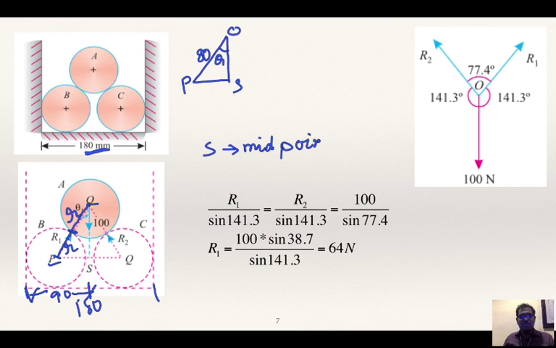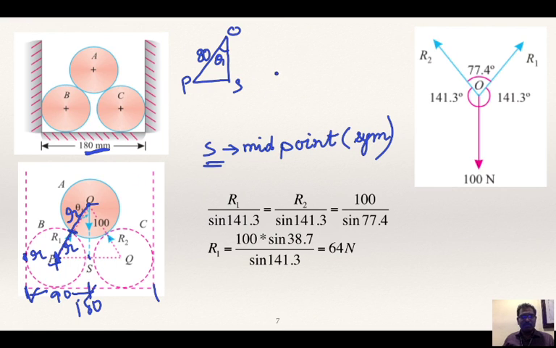I've already told you that this problem is symmetrical, so S is obviously a midpoint. From this point to this point the value is 90, but from that point to point P it is the radius of this circle, and the radius is half of the diameter. The diameter is 80, so the radius is 40.